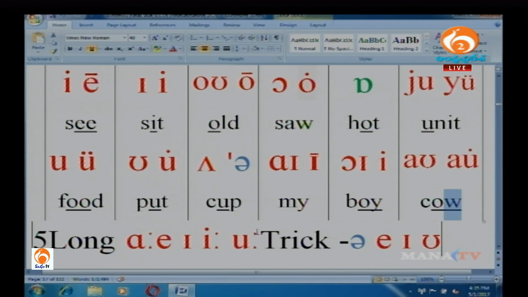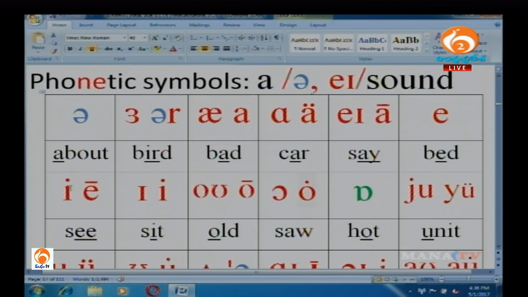Cow. Look, here W takes the sound of oo. Ow. So, let's go over this one more time. This is the sound of as in about. Repeat after me. This is long bird. This one as in bad. Next one, this is car. This one say.